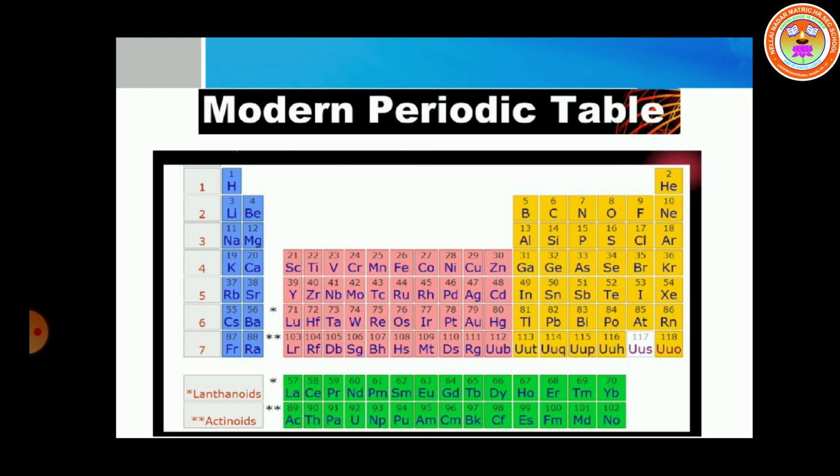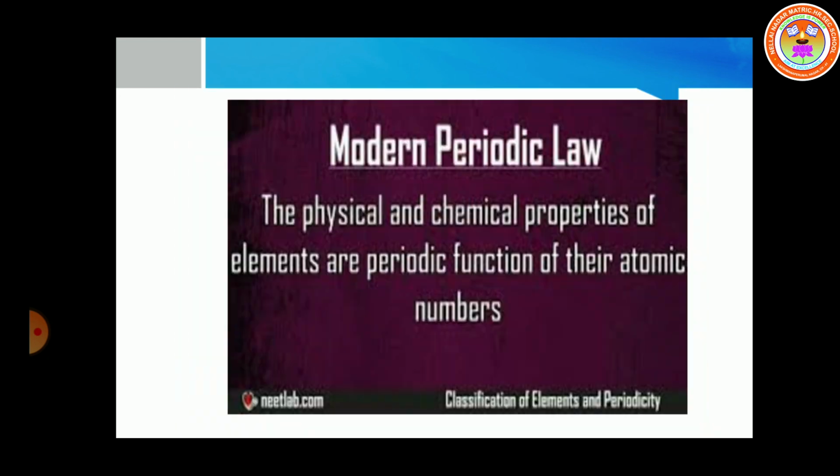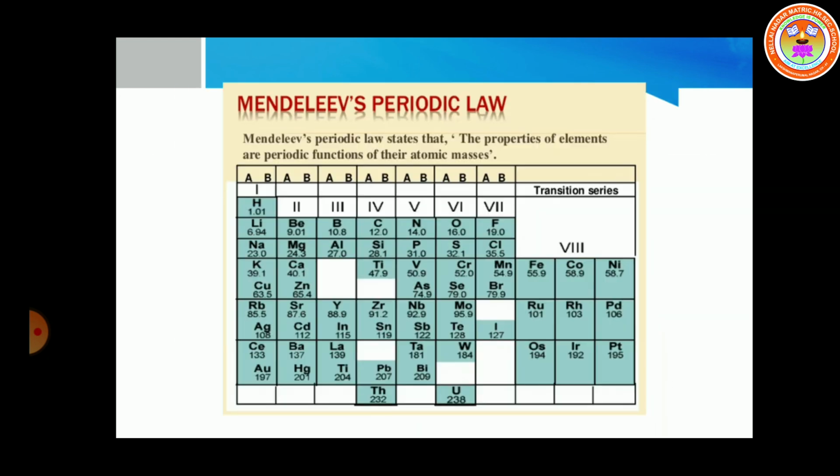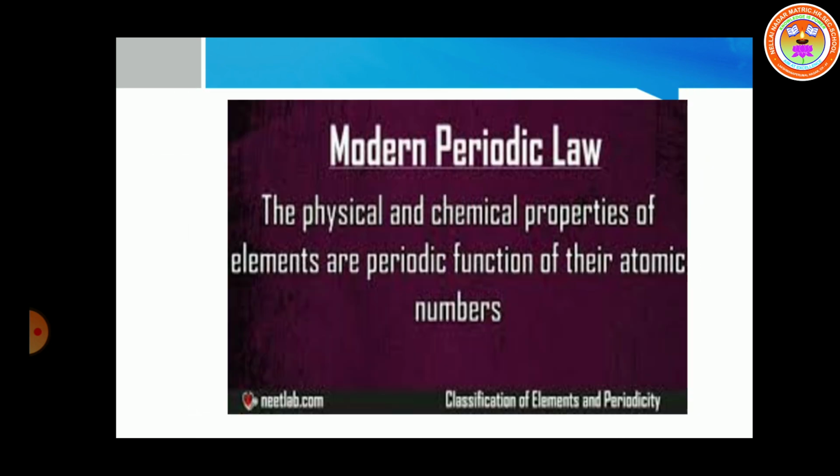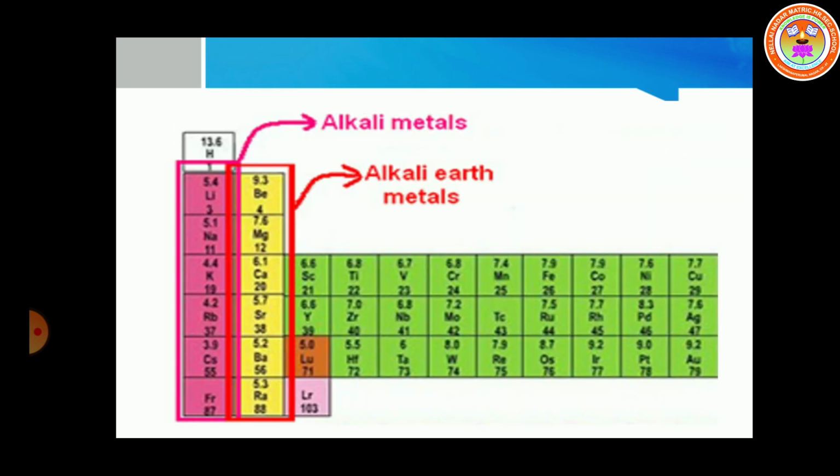There are 7 periods and 18 groups. But in Mendeleev's periodic table, there are 7 periods and 8 groups. So, these are the differences between Mendeleev's periodic table and the modern periodic table.